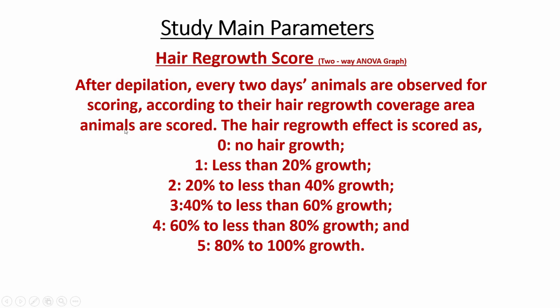So the next parameter is hair regrowth score. While you are doing the experiment, on the day of length measurement, you can do one more procedure. After depilation, every 2 days, animals are observed and scored according to their hair regrowth coverage area.